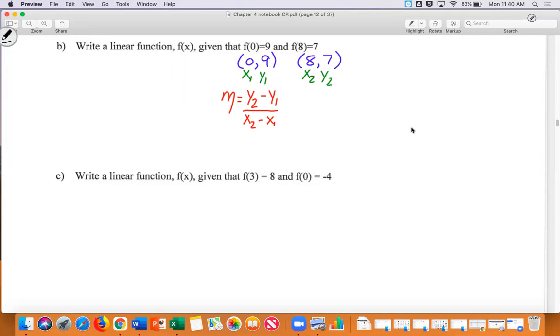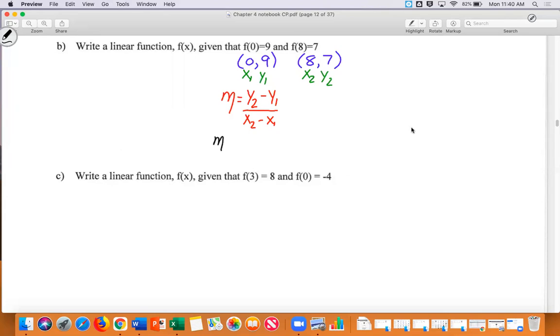What's step number 3? I don't know. Step number 3, substitute.